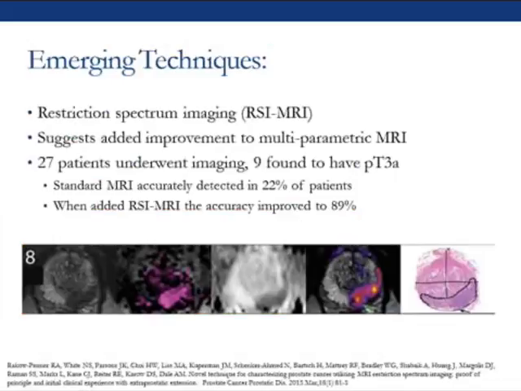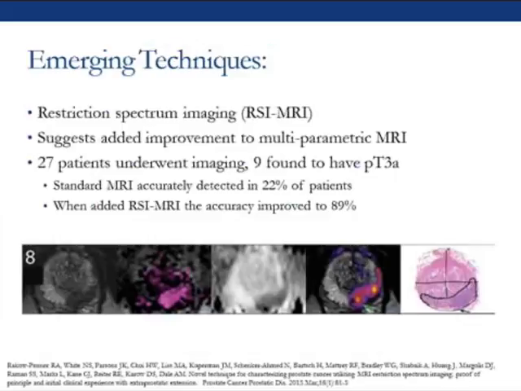Emerging techniques are coming into imaging. This is a technique called restriction spectrum imaging. It was originally used in brain imaging. This study looked at 27 patients who had imaging with RSI in addition to the standard multi-parametric MRI, which included T2, T1, DCE, and DWI-ADC.